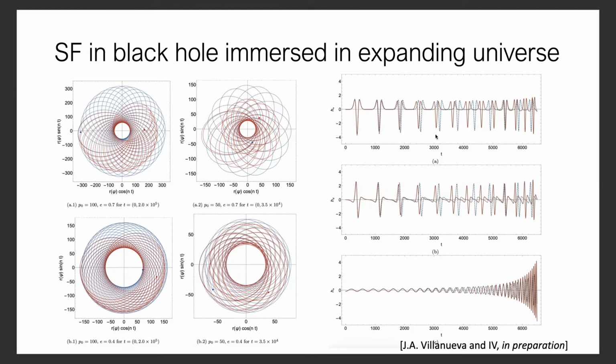And you see here one of the main effects on the waveforms too. Here you see in red the corresponding waveform for Schwarzschild, as opposed to what it would look like for a Schwarzschild-de Sitter space-time where you do have this cosmic expansion. And you see here that they dephase, eventually completely. So these are representative gravitational waveforms coming from self-force or radiation reaction evolved orbits in this space-time.